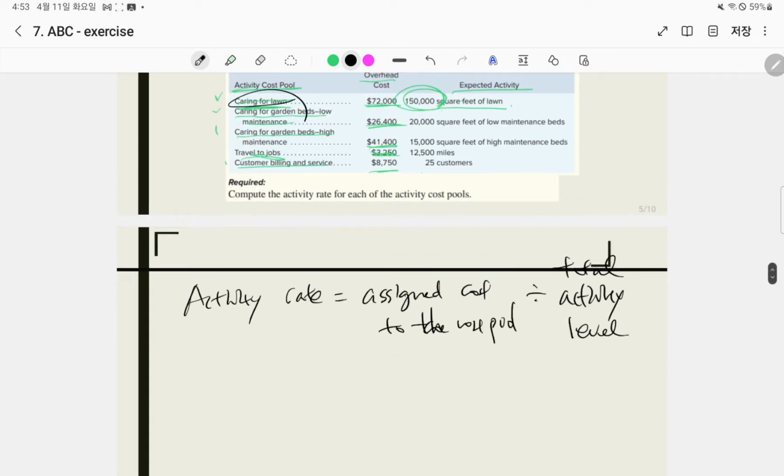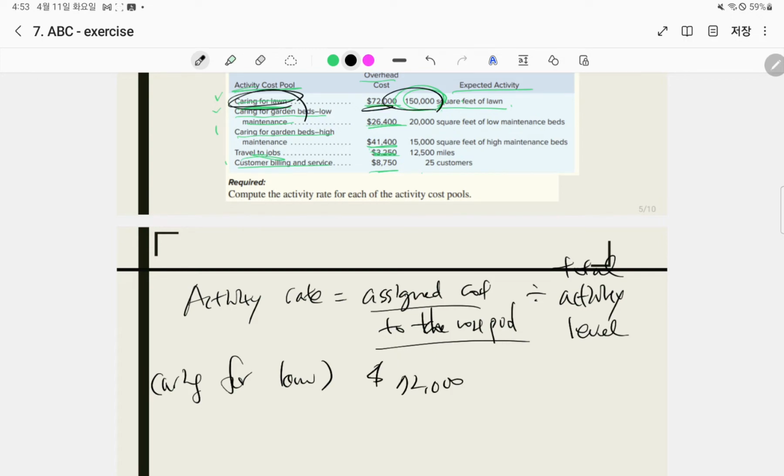Okay, so for caring for lawn, the assigned cost to this activity is $72,000, and there are 150,000 square feet of lawn in total. So per square foot, you consume 48 cents of cost.